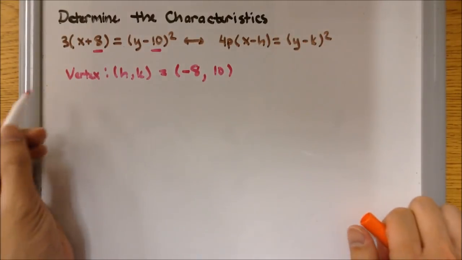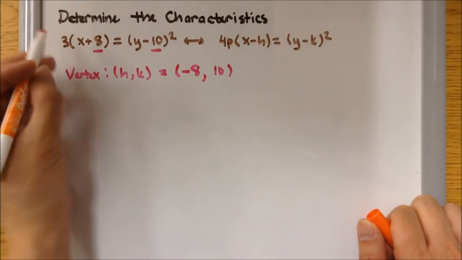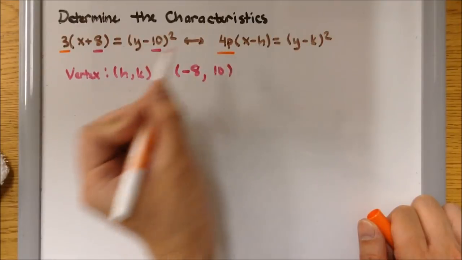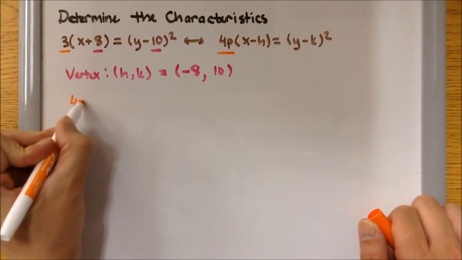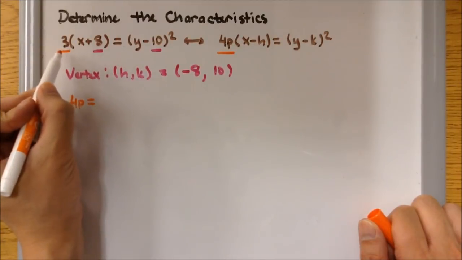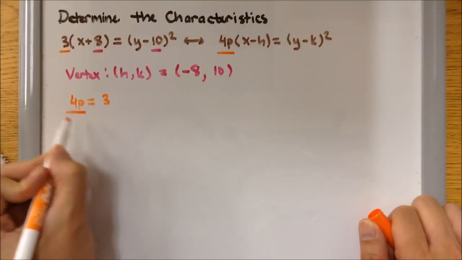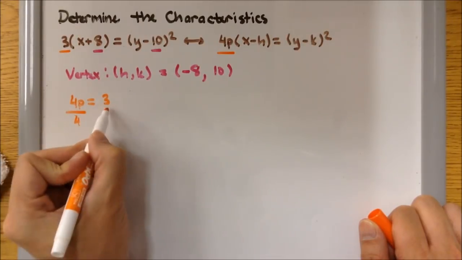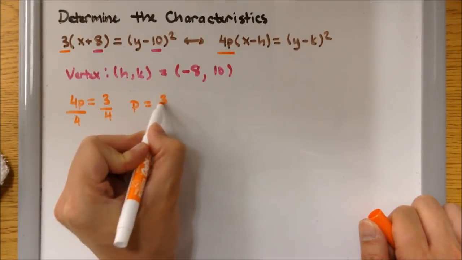Alright, next we're going to find the focus, but before we can actually find the focus, we have to find the p-value. So, I'm going to set 4p equal to the number that's in front of the x, which is 3. And then I'm going to divide by 4. So therefore, p is equal to 3/4.